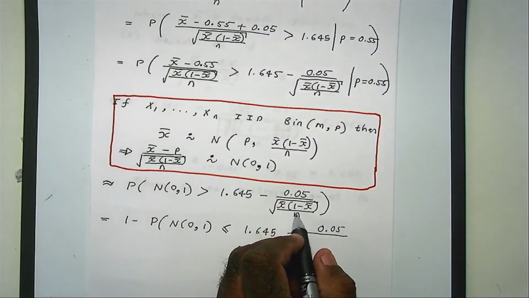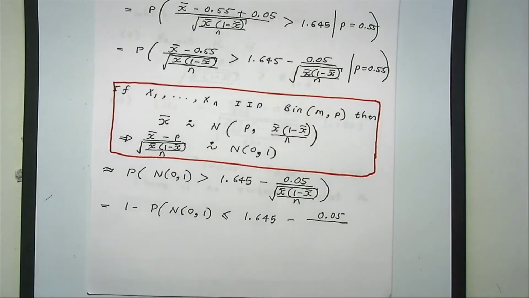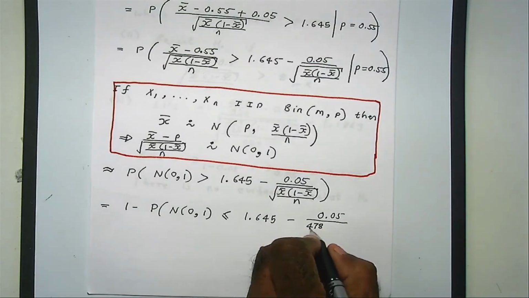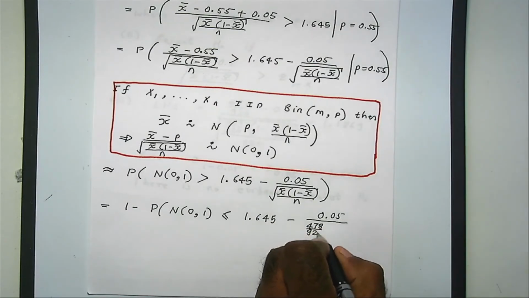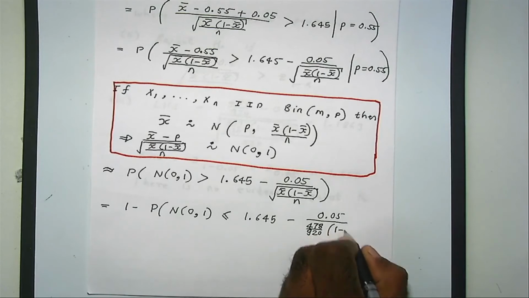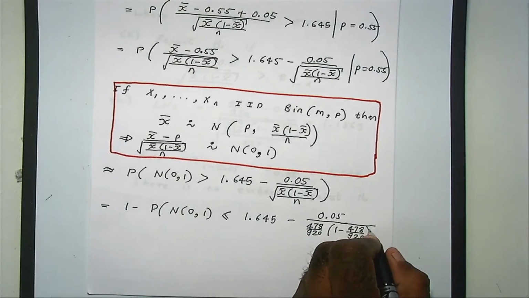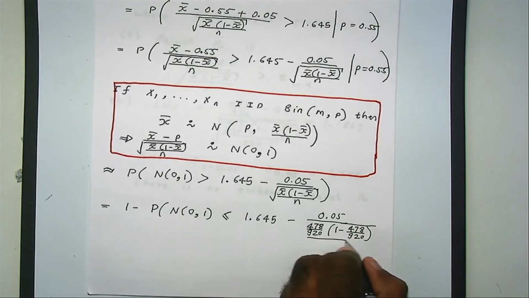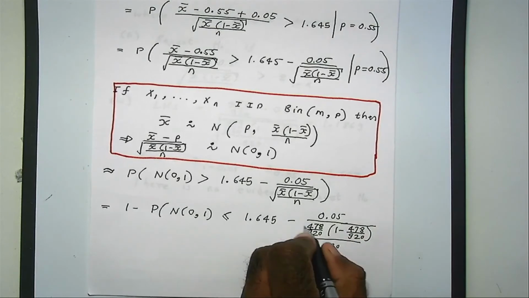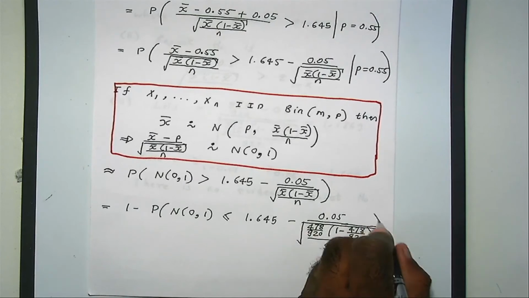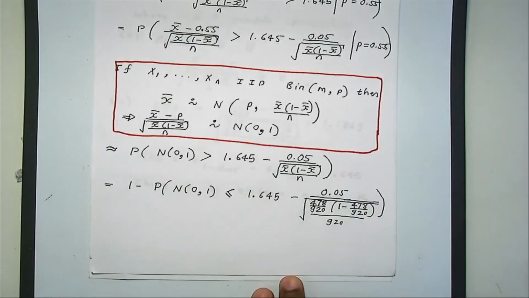As you may recall, X bar was 478 divided by 920. Okay, and this should be divided by 922. Alright, so these are the numbers. I put them back in.